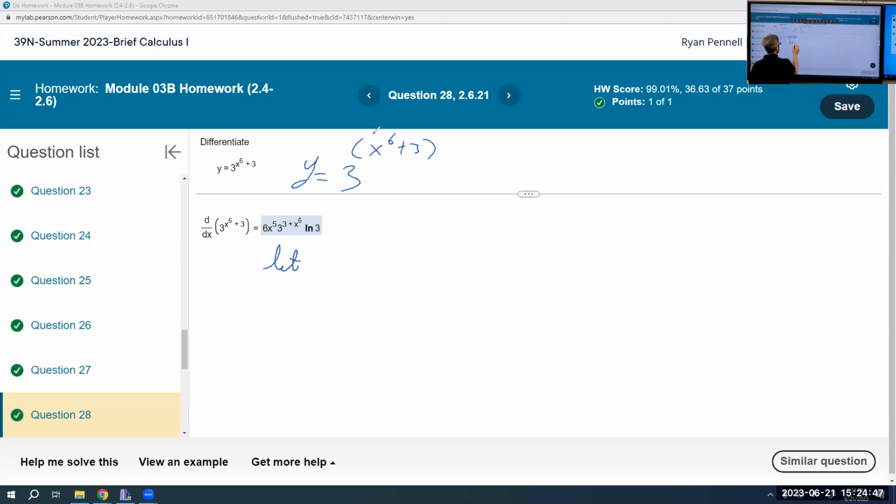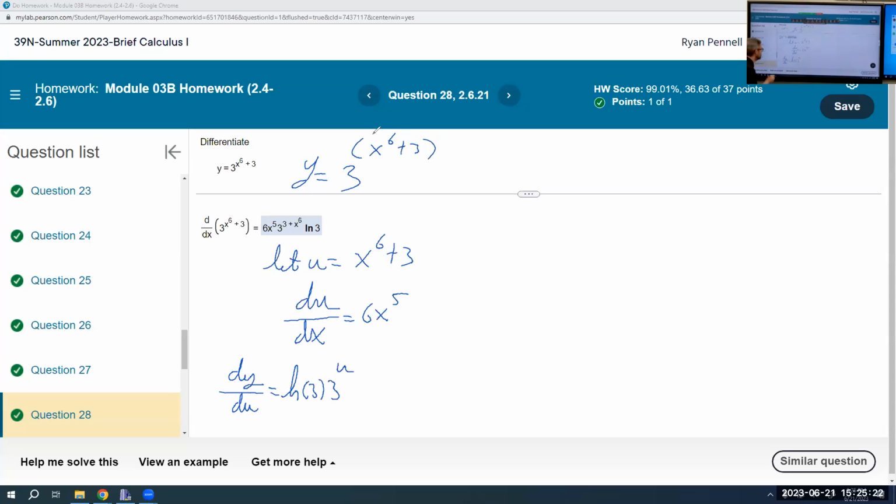So let u equal x to the sixth plus 3, du dx is 6x to the fifth. dy du would be ln of 3 to the u, so we can build it.